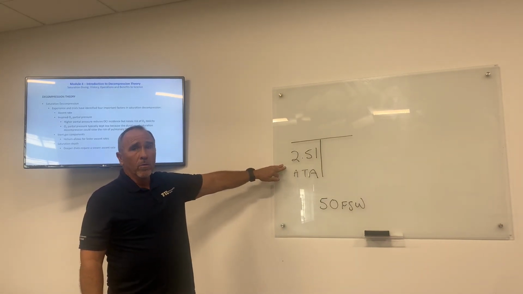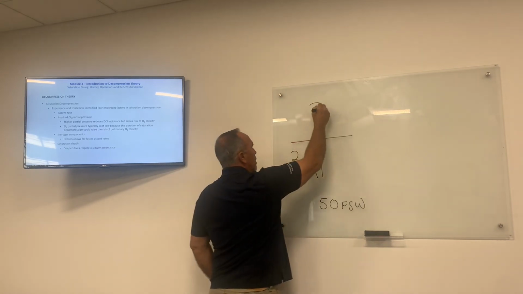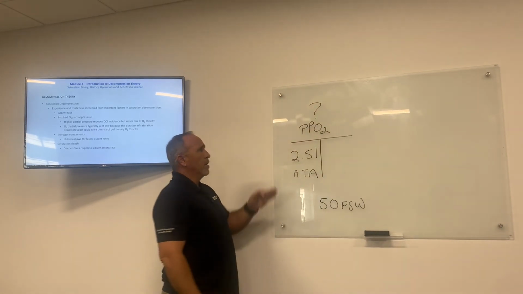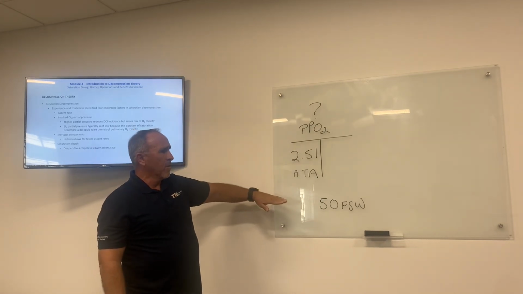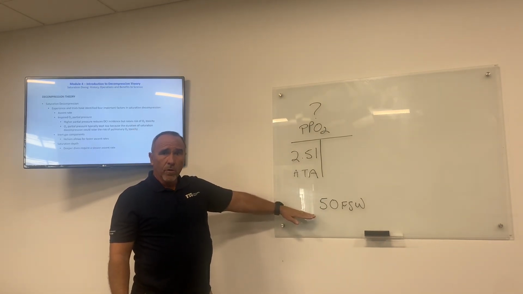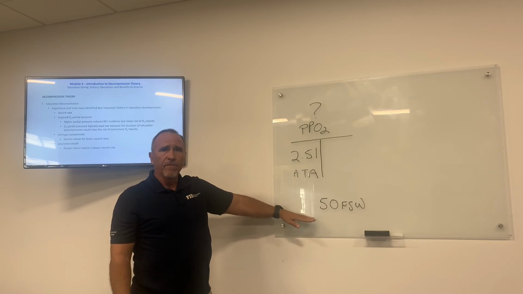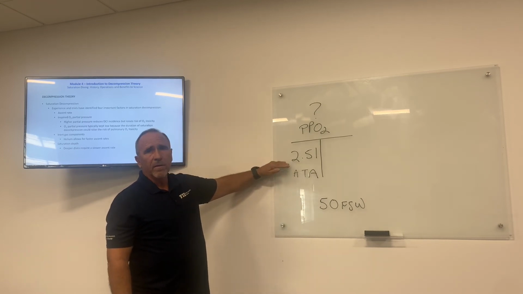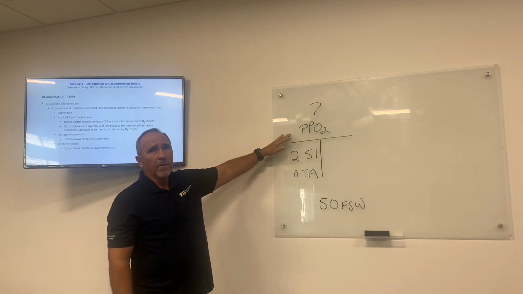I want to know the partial pressure of oxygen at Aquarius storage depth or living depth, saturation depth of 50 feet. Okay, so we already know that 50 feet is an ATA of 2.51. We're breathing air, okay?